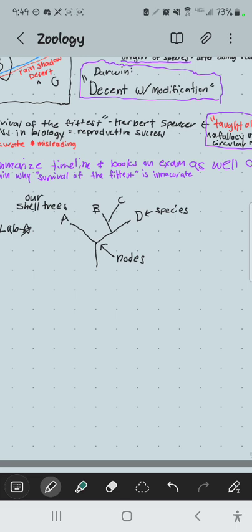And I'll bring this up again, but I do want you to know this concept. In cladistics, we want to develop what's called monophyletic groupings. So cladistics is based on this premise that we are going to develop what's called a monophyletic group.